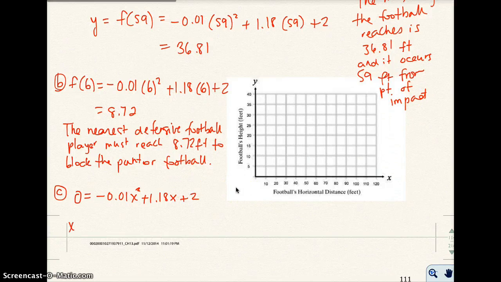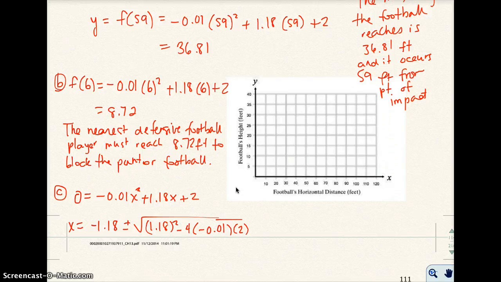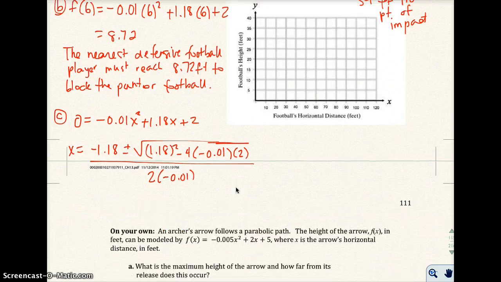So x is going to equal negative 1.18 plus or minus the square root of 1.18 squared minus 4 times negative 0.01 times 2, all over 2 times negative 0.01. Okay, I'll use my calculator.